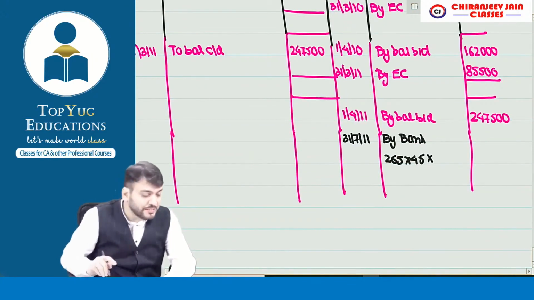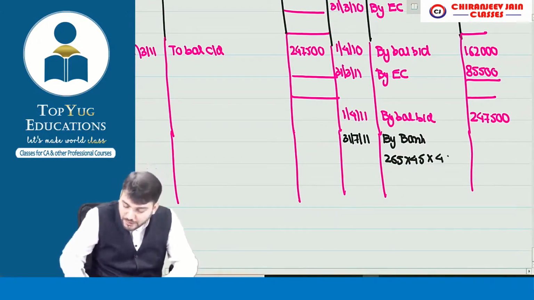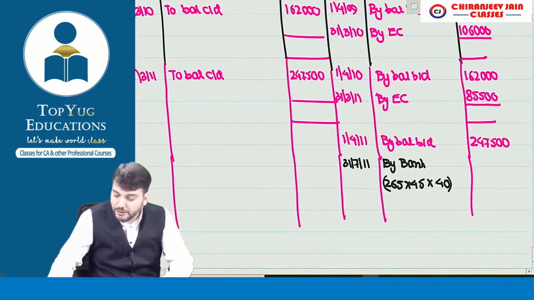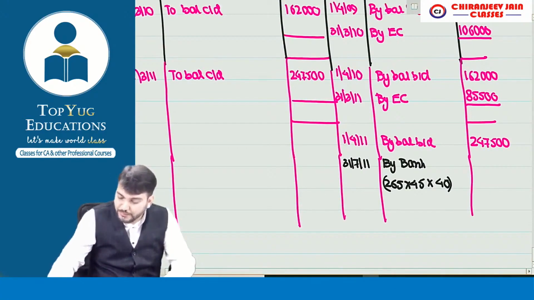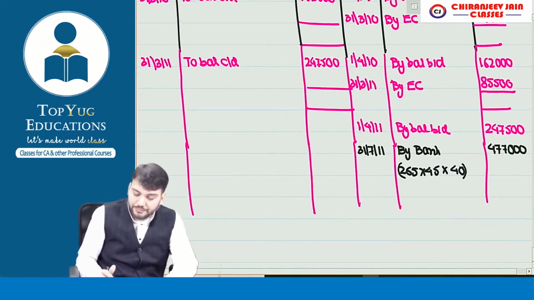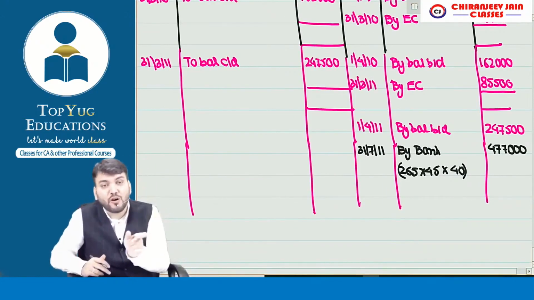Into what is the exercise price? Exercise price is 40. So 265 into 45 into 40 is equal to 4,77,000, correct? Understood?